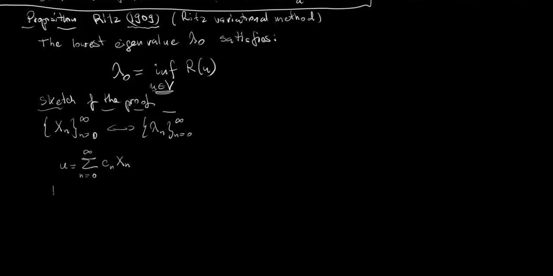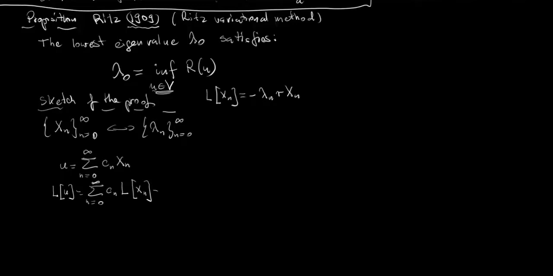Then the operator L applied on this function u is just the sum from n equals 0 to infinity of c_n L applied on x_n. Because x_n is an eigenfunction, L on x_n is equal to negative lambda_n r x_n.